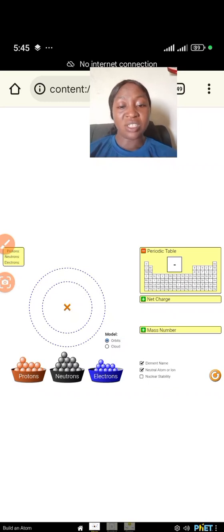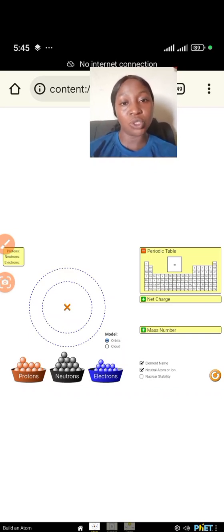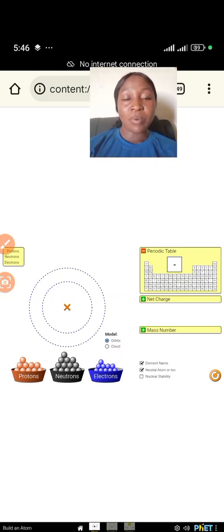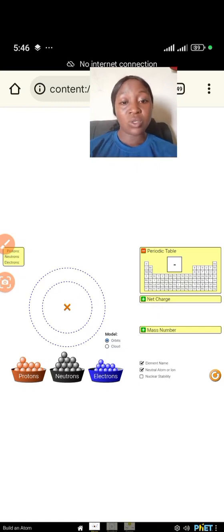So protons and neutrons enter into the nucleus, while the electrons are at the outermost shell. So you're going to see what happens when proton is added, neutron is added, and electron is added, looking at the periodic table. And of course, you can see the net charge and the mass number. So here we go.